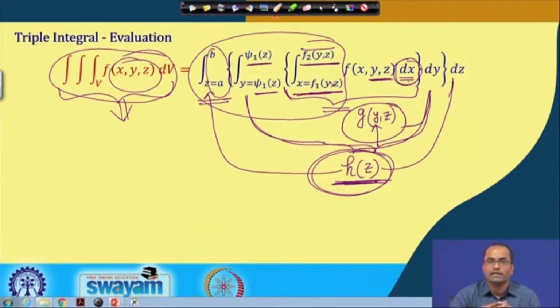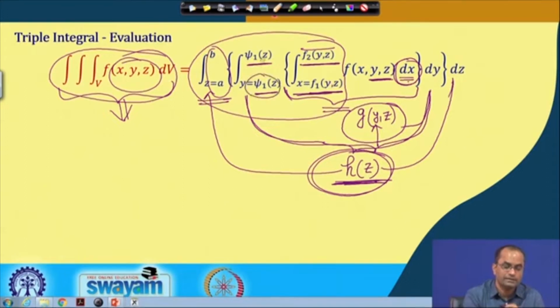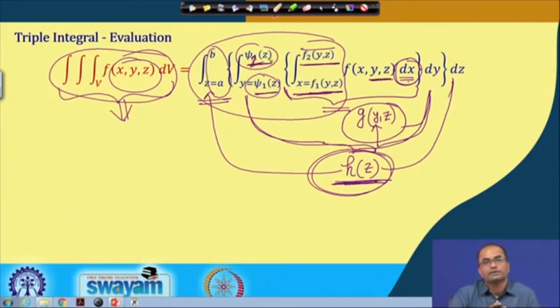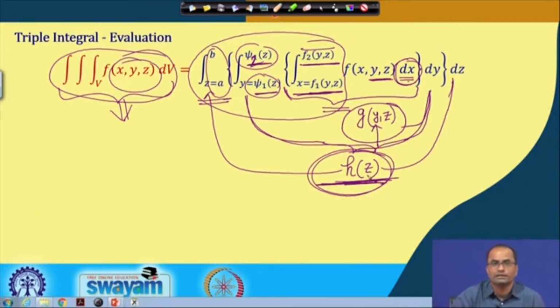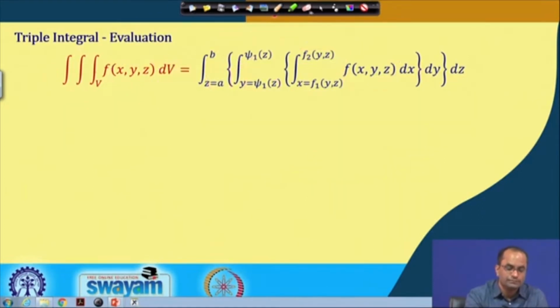The limits still can be functions of z, like here psi 1 of z and psi 2 of z. The outer one has to have constant limits for z, and now we will get a value of this integral which is free from x, y and z. This structure we must keep in mind.